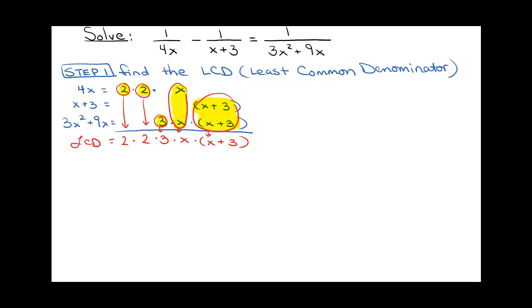So that's my LCD right there. Let's multiply that out so we can see what this is. This is a 12. We have an x, and we have an x plus 3. Let's multiply the entire equation by that LCD.